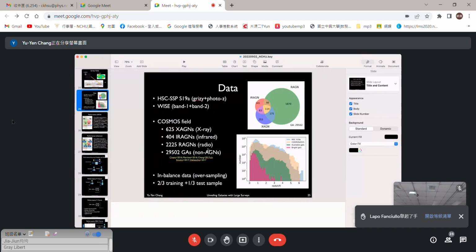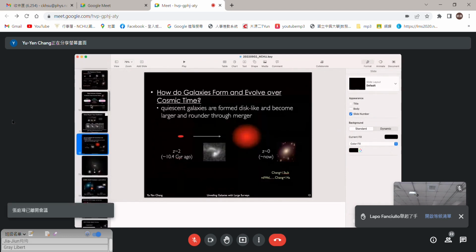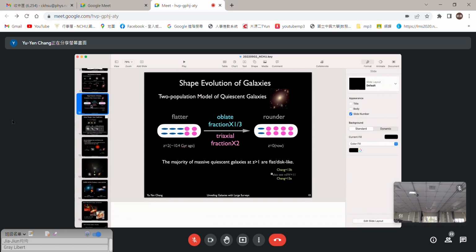Maybe the last question is from Lapo. Yes, thank you. I have a question about the evolution of galaxy shapes. You showed that galaxies get rounder over time. Does this refer especially to elliptical galaxies?